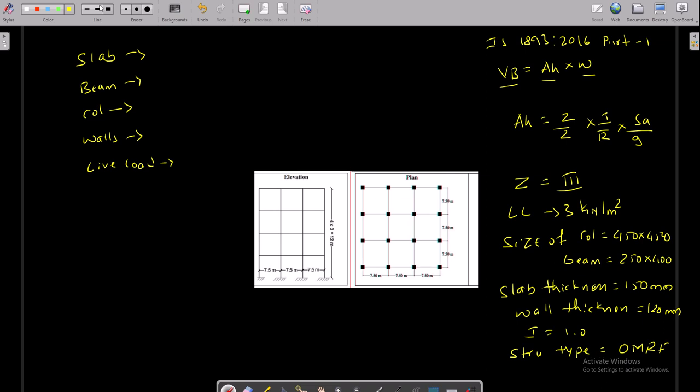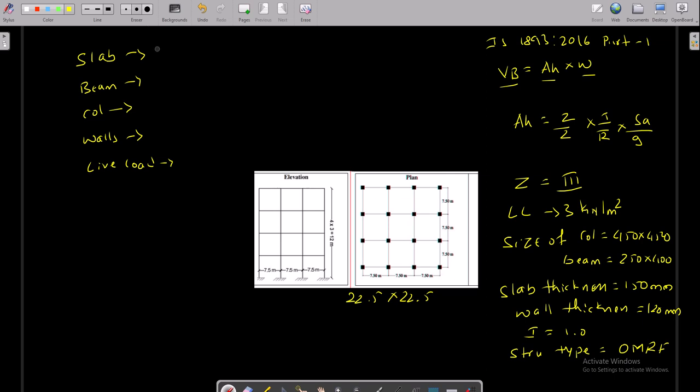Now for the calculation, consider the slab having 150 mm thickness and its unit weight. The plan dimensions are 22.5 meters by 22.5 meters, because 7.5 meters is each bay distance, and there are 3 bays with 22.5 meters in total in both directions.